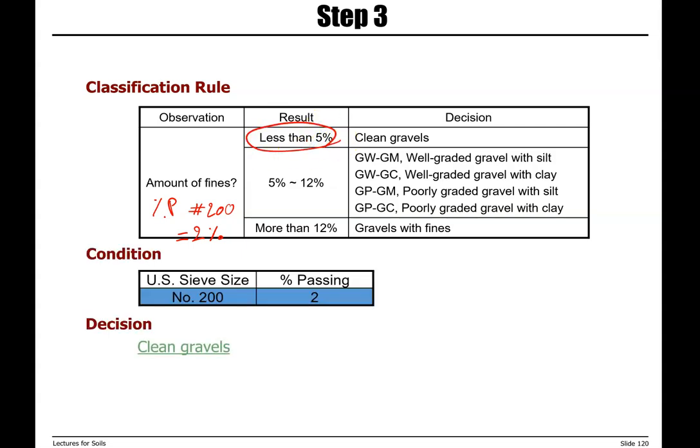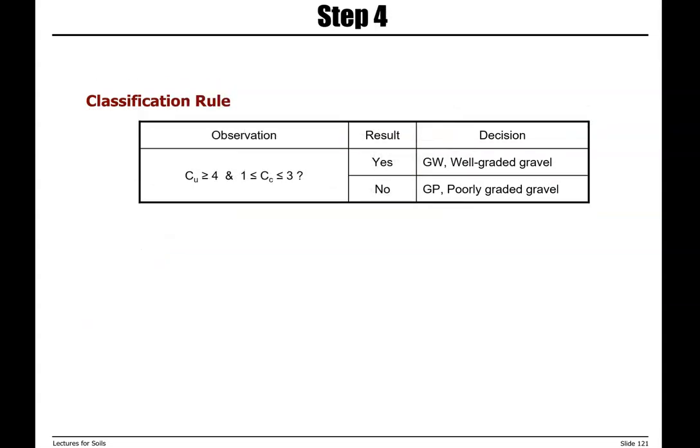And it means that we have clean gravel. So we need to see if it's well graded or poorly graded. Again, the amount of fines is small, it's very low, so it doesn't have a significant effect on engineering properties. It's more important to know if the sample is well graded or poorly graded.